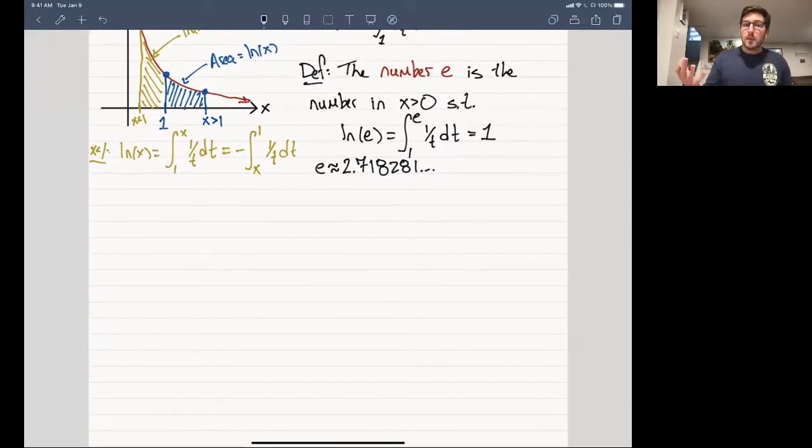Okay, so then the question is, now I've got a function. This is a calculus class. We want to ask ourselves, what are derivatives and integrals of this thing? So let's start with the derivative.